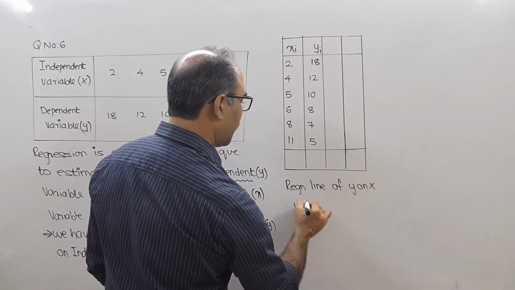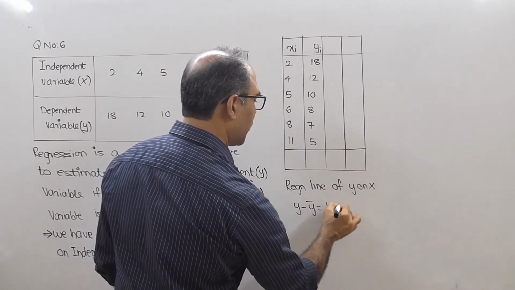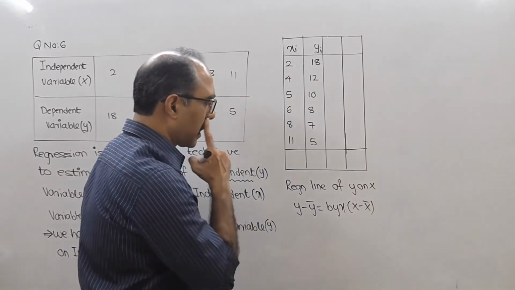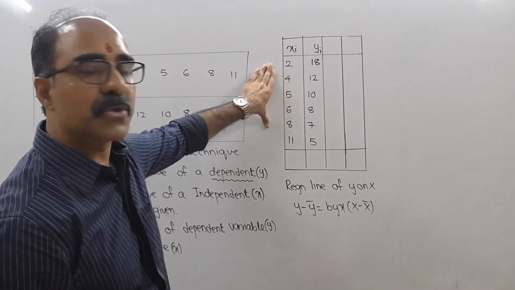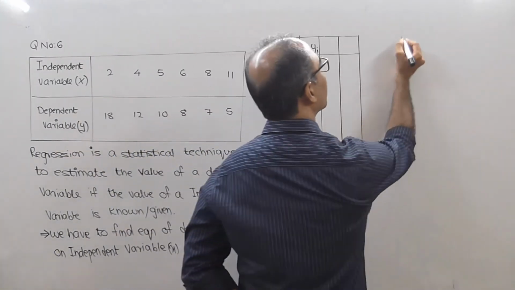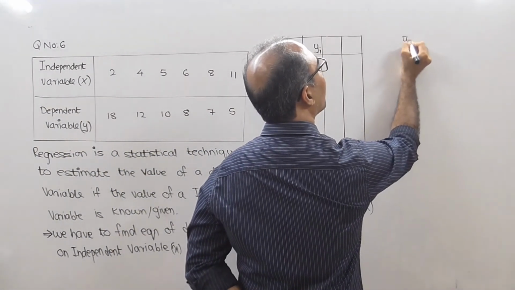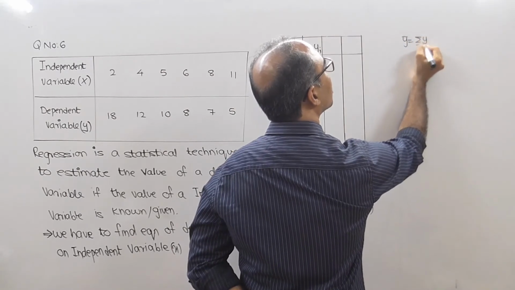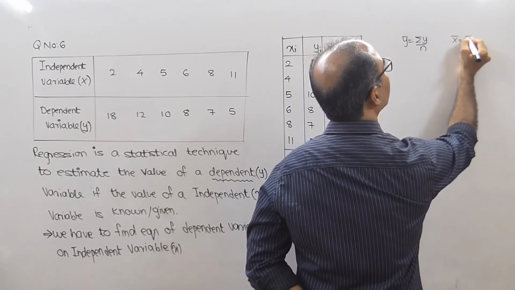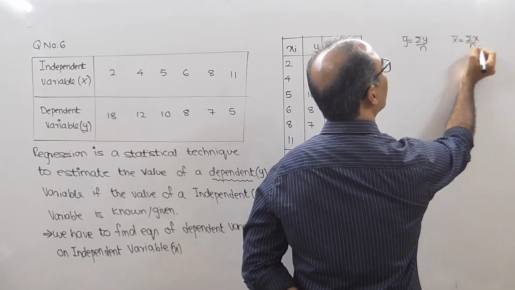The regression line of y on x is y minus y bar equals byx times x minus x bar. Now tell me, can you square all these numbers fast? Yes. So first I will say that my y bar is sigma y upon n, followed by my x bar, which is equal to sigma x upon n.